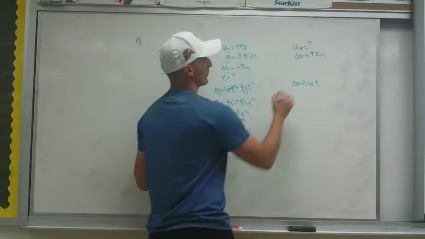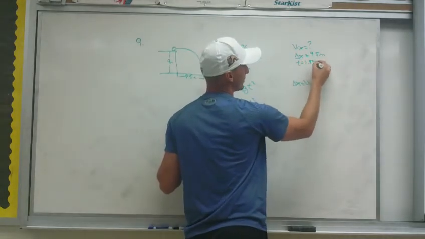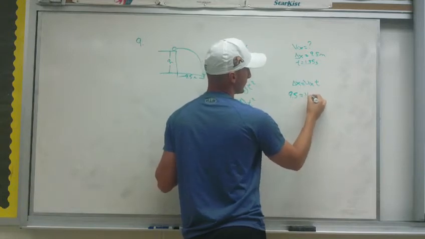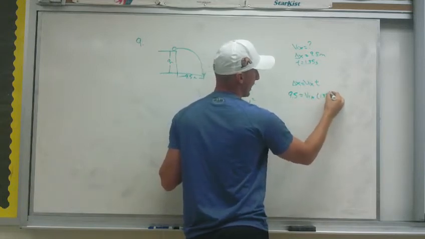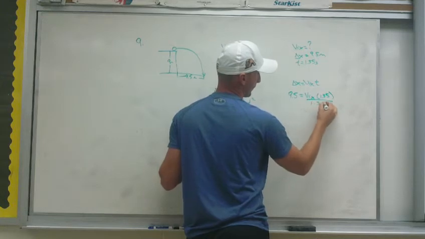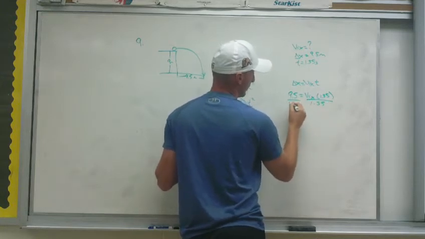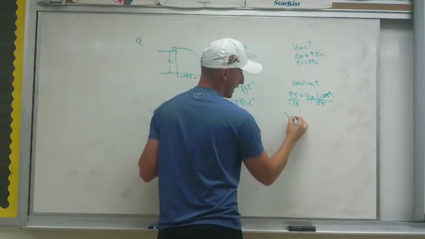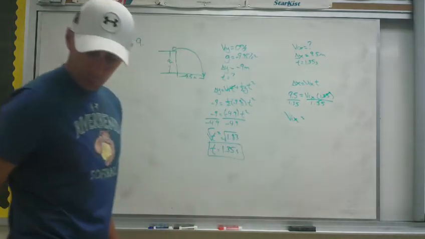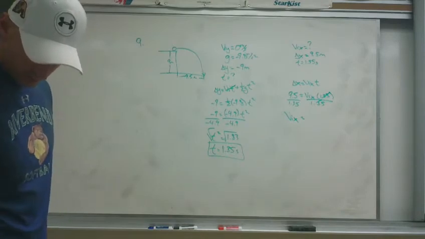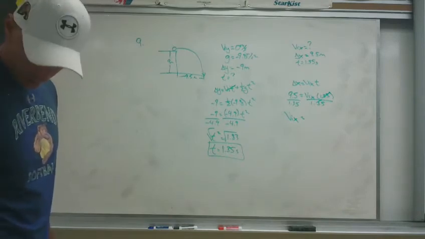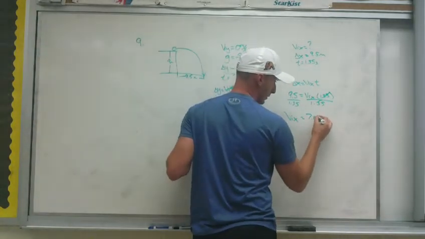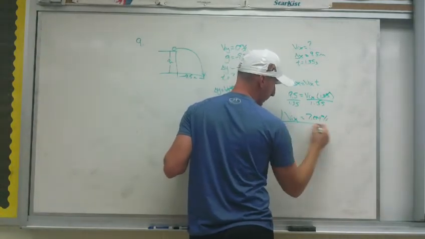Now I can use this over here. I know time is 1.35 seconds. So I plug in: 9.5 equals VIX, what I'm looking for, times 1.35. I divide by 1.35, these cancel out, and I get VIX equals 9.5 divided by 1.35, which is 7.04 meters per second.